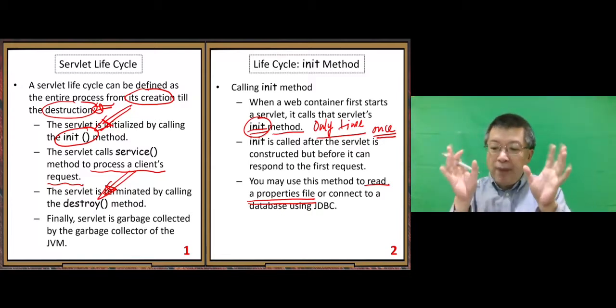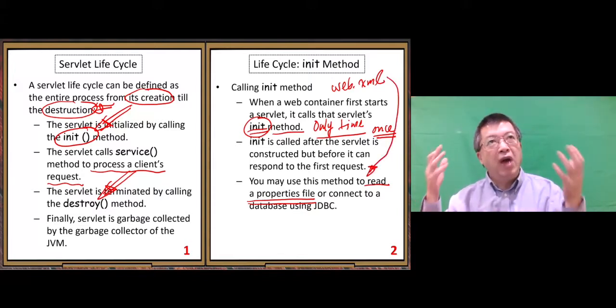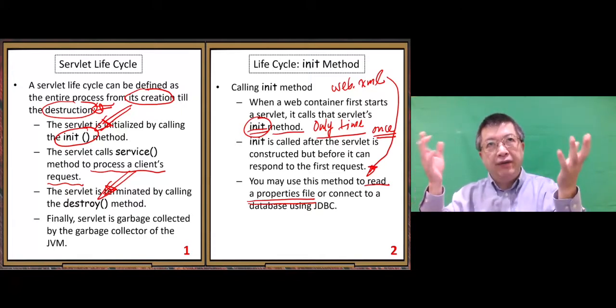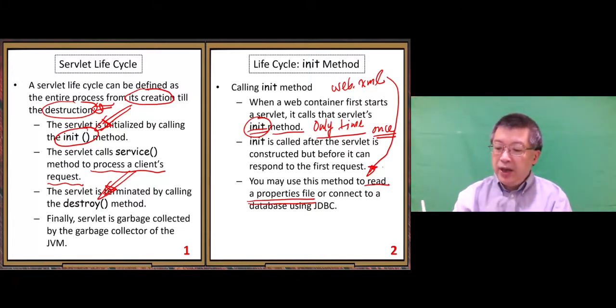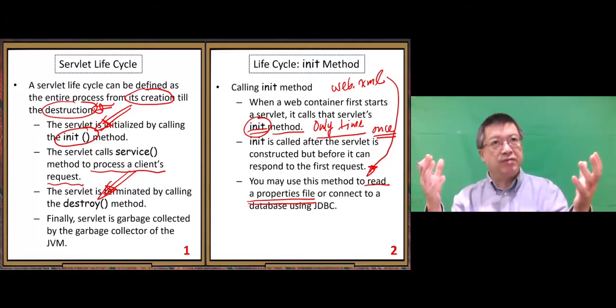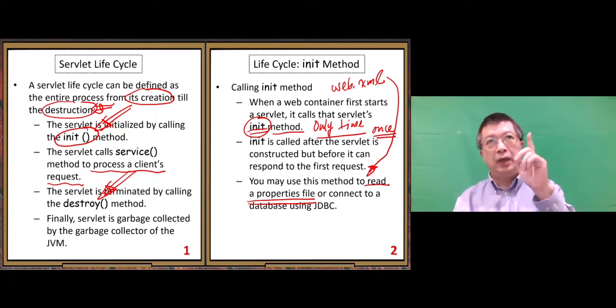We can use the web.xml, our configuration file, to store some properties, parameters, settings, that kind of thing. And in this method, we can read it and process that part.